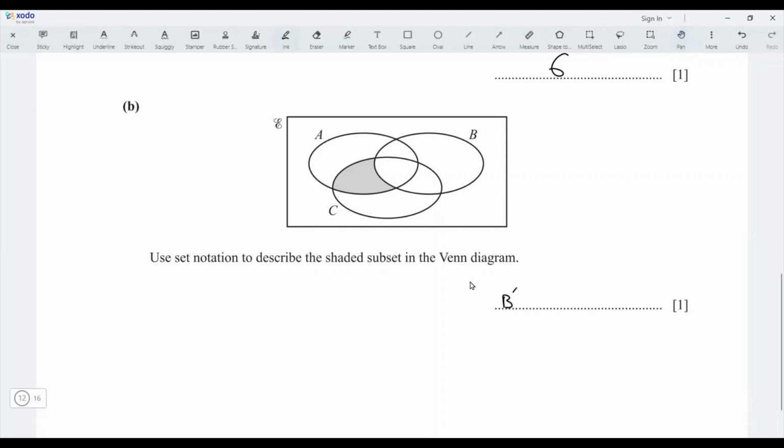Complement means other than B, any region outside B. This region is not lying in B, so we can write B complement. B complement involves all of the region outside it. Will it be any kind of intersection with something? Yes, it has an intersection with A and C's intersection. So we can write A intersection C, and then intersection with B complement will be this specific region which needs to be shaded.